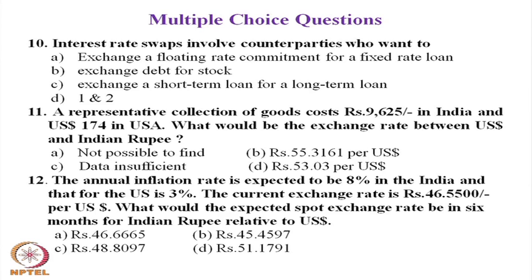Number 11, a representative collection of goods costs 9,625 rupees in India and 174 US dollars in the USA. What would be the exchange rate between the US dollar and the Indian rupee?